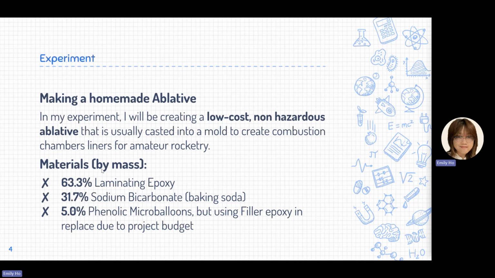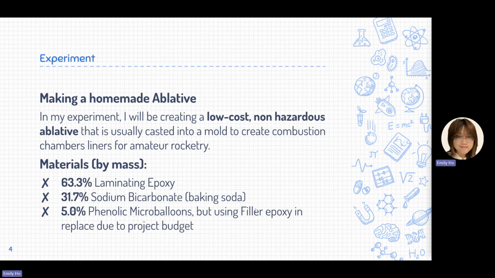The materials that I will be working with are laminating epoxy, sodium bicarbonate, better known as baking soda, and phenolic microballoons, but I couldn't find those in time because they're usually found online. So in its place, I will be using filler epoxy, which is a pretty good replacement, and it's also cheaper and more accessible.